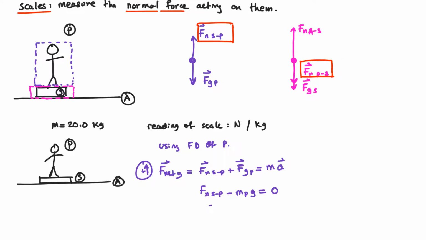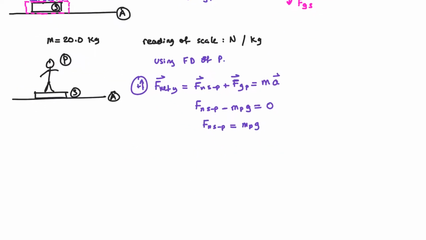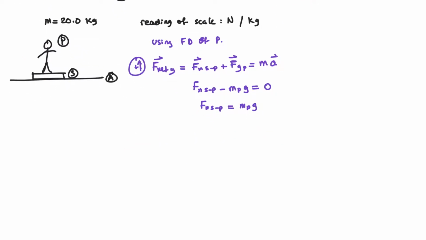I am going to rearrange this, and I will add M_P times g to both sides. F_NSP is going to equal 20 times 9.81. And this is going to have a reading of 196.2, which will be approximately 196 newtons.